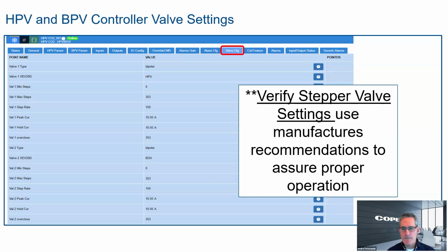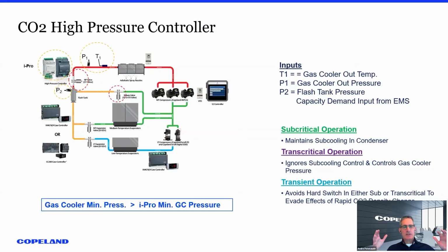Yeah, absolutely. So when we take a look at these temperature sensors, I mentioned that the iPro high pressure control has a T1 temperature sensor, gas cooler out, and a P1 pressure transducer, which is fairly close to that T1 sensor.